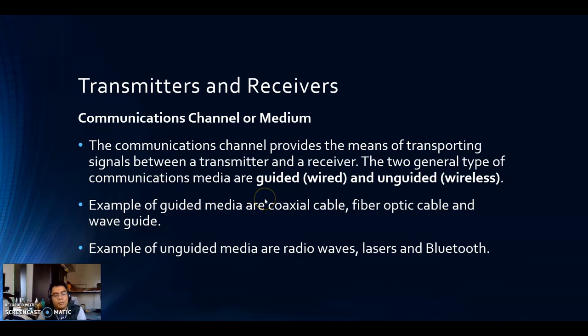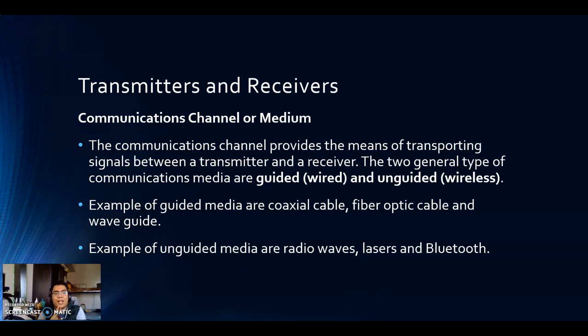But for a communication to happen, obviously, we need a communications channel or medium. So what is a communications channel? A communications channel provides the means of transporting signals between a transmitter and a receiver. The two general types of communications media are guided and unguided.